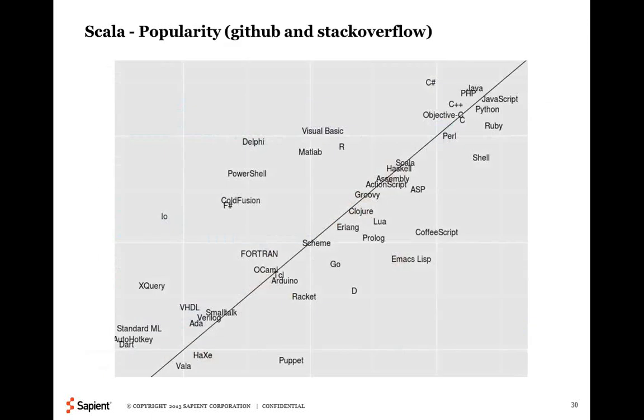The popularity of Scala you can depict from this graph. On the y-axis we are showing GitHub, on the x-axis Stack Overflow, and you can see Scala somewhere here. It's way above the other languages, and it's trying to get close to mature languages like Perl and Java, trying to match up with them. That's the kind of popularity it is gaining.